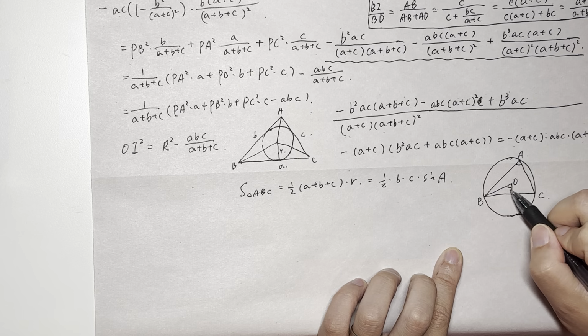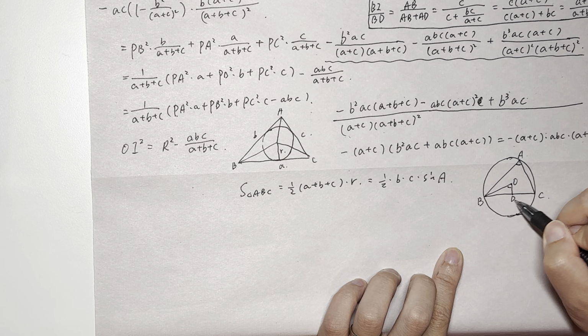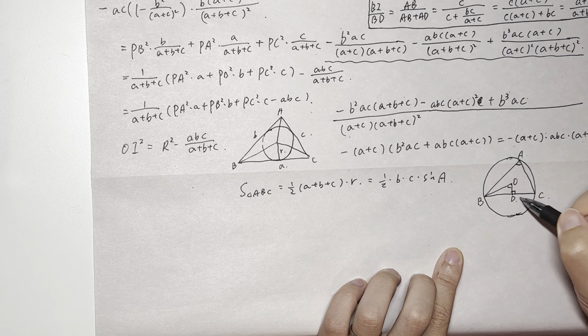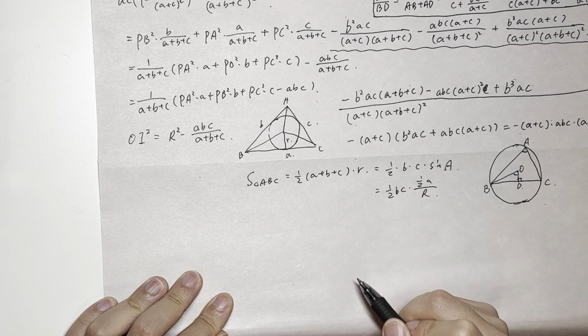So sine A equals sine BOD, let's say it's D, BOD, right? This is 90 degrees. So sine BOD is BD to BO. BD is half of a, so it equals half of a over R, right? So we cancel this half out.